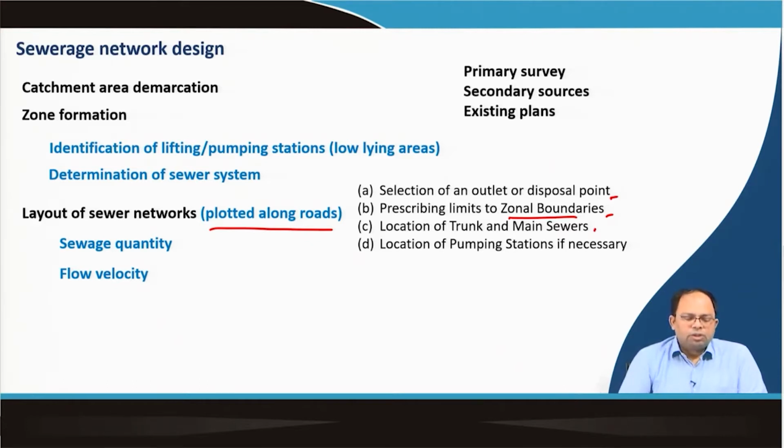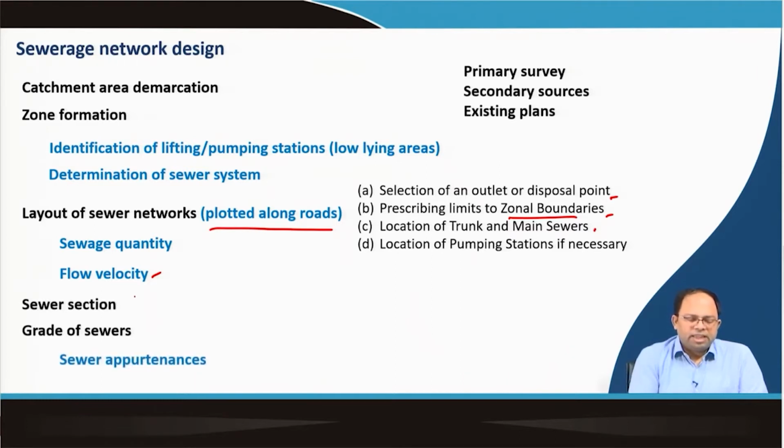Once the sewage quantity is known, for design we have to assume certain flow velocities for the sewage pipelines, and based on that determine the sewer sections, the grade and slope of sewers, as well as what kind of sewer appurtenances are required. Sewer appurtenances are the different kinds of manholes, inlets, and culverts required for this particular sewerage network, and that also has to be determined.